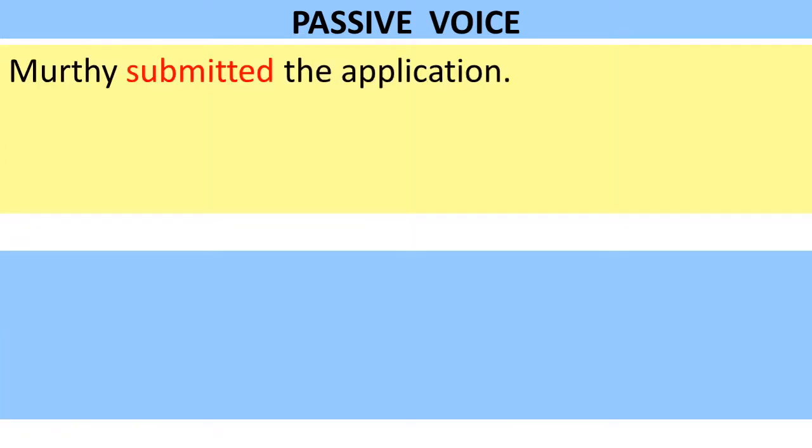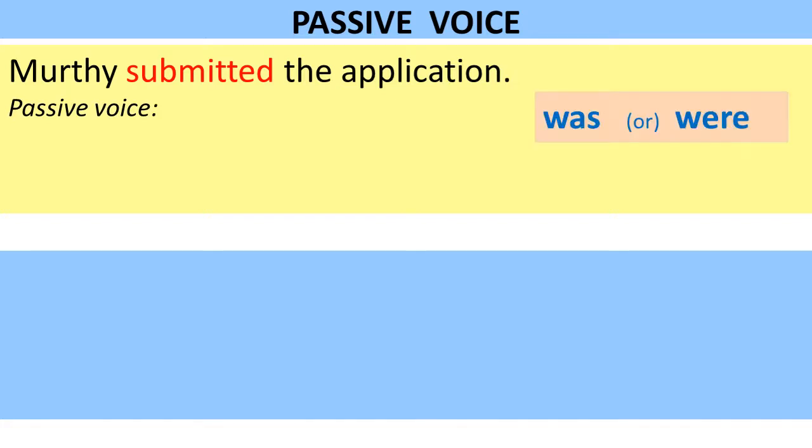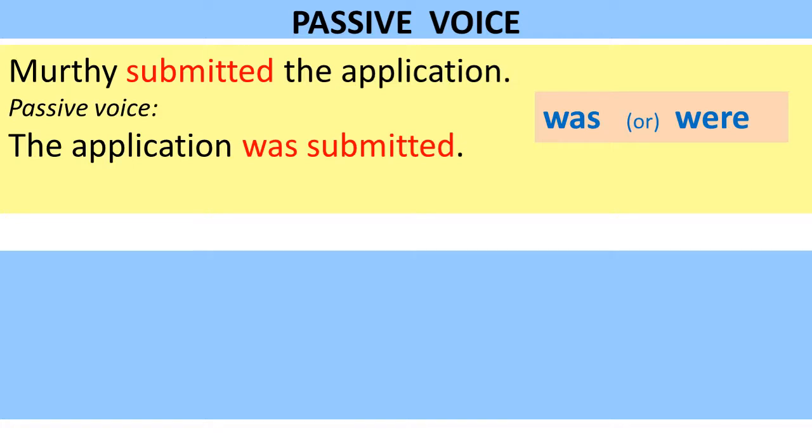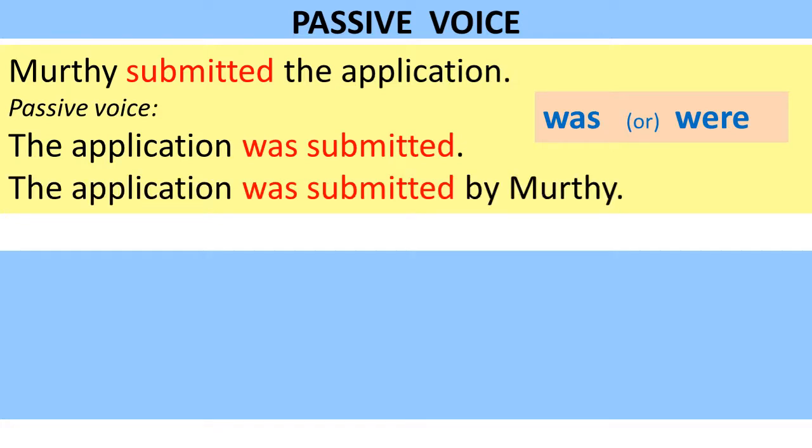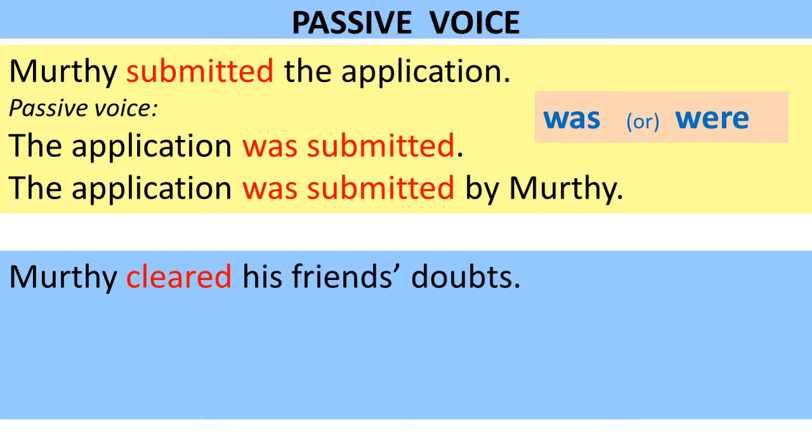Here Murthy submitted the application. The passive voice of this sentence can be written, as you know this is in the past tense and no be form here, so we have two chances again, was or were. The application was submitted. The application was submitted by Murthy. Here one more example. Murthy cleared his friend's doubts. Here again it is in the past tense and no be form.